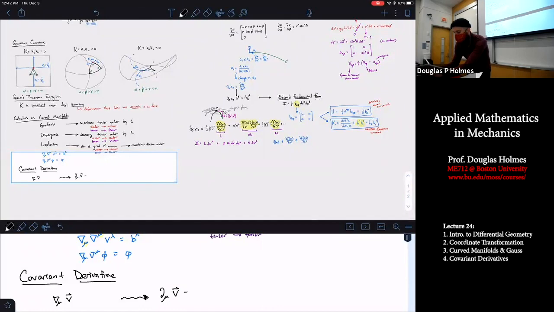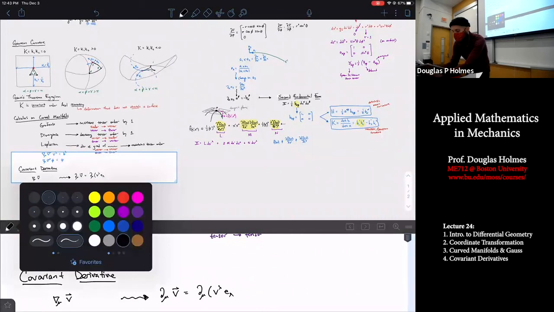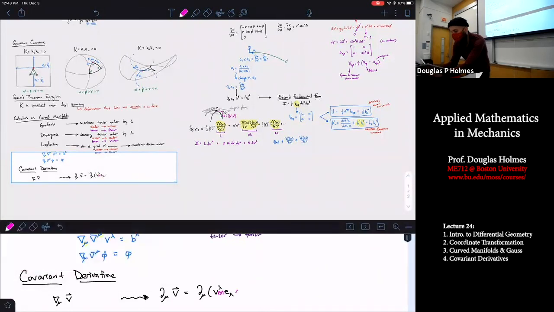To do that, I'm saying I want this operator to act on my vector v lambda, which is living with some basis vector e lambda. And the problem is, in curvilinear coordinates, both your vector and e can depend on x.